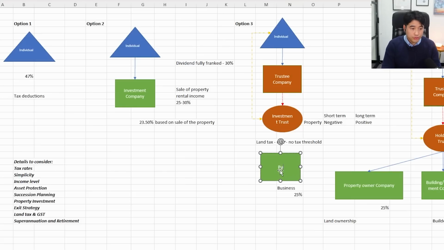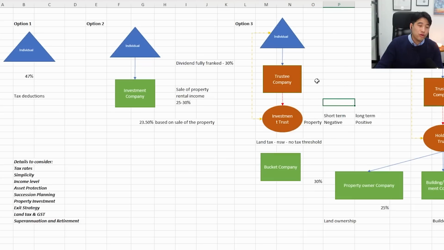And they will distribute the profits from the investment trust, because the property is starting to be positive and getting a rental profit, and pay the profits over to the bucket company, and there will be a 30% tax rate on this bucket company. That's a cheeky structure.